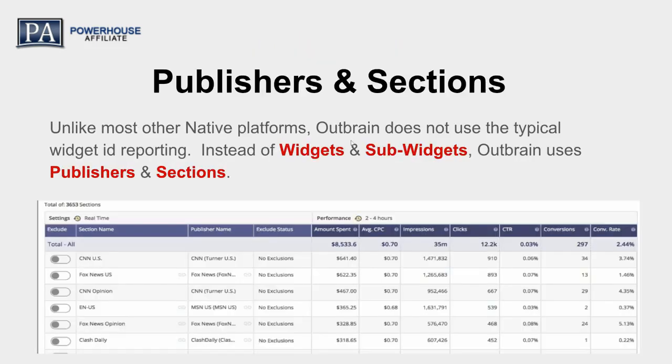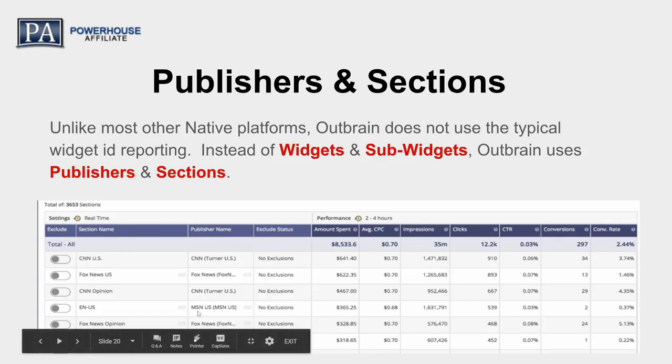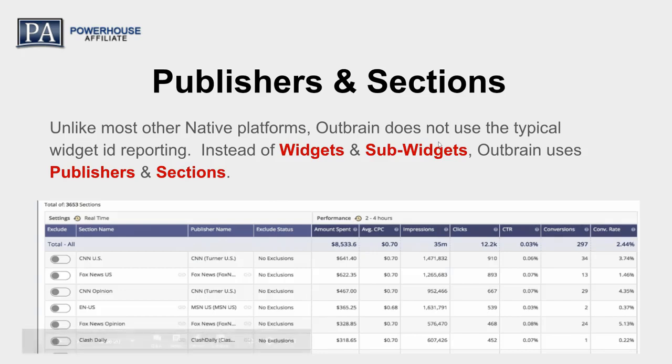Unlike most other native platforms, Outbrain does not use typical widget ID reporting. Instead of widgets and sub-widgets, Outbrain uses publishers and sections. As you can see here, instead of a widget ID, you have a publisher name. We can see CNN, Fox News, MSN US, Fox News, and instead of a sub-widget, we have a section. So here it's CNN US.